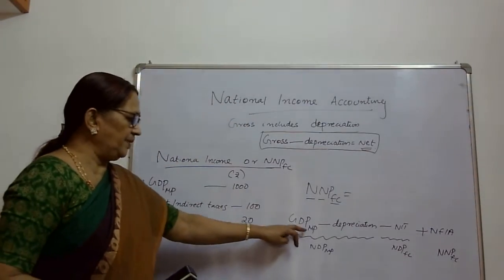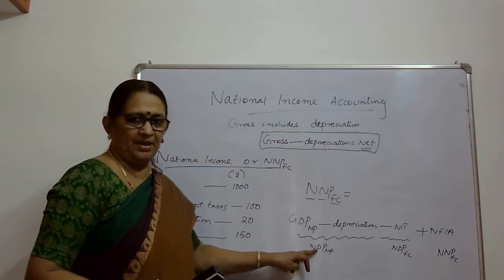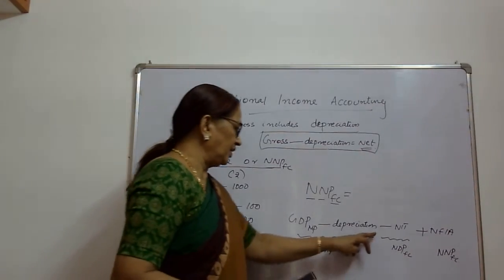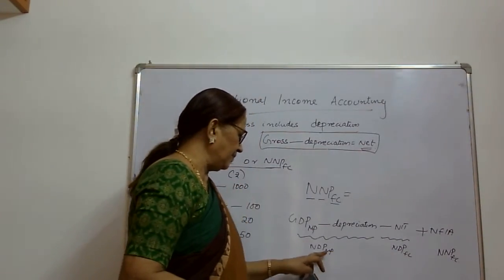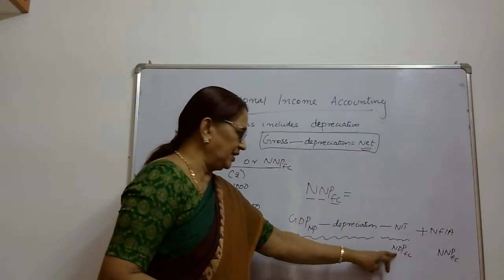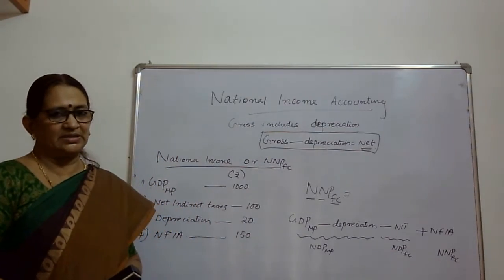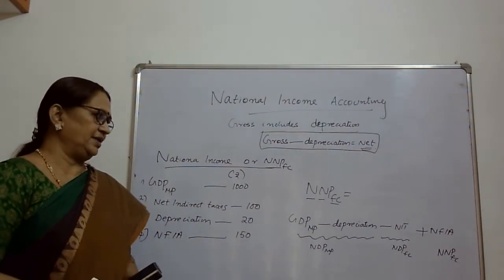See, GDP at market price minus depreciation, it will become NDP at market price. Minus net indirect tax, it will become factor cost. Plus NFIA, it will become national concept, NNP at factor cost.